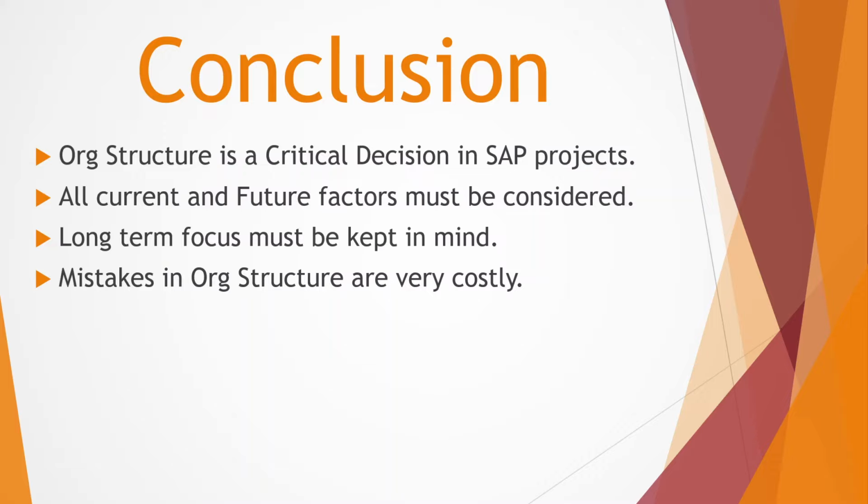It will prove really very costly, because changes in the org structure once the data are posted in the system become really very difficult. So that is why all due precaution must be taken into consideration while defining and deciding about this particular org structure or the enterprise structure in the SAP system. Moving to the next.